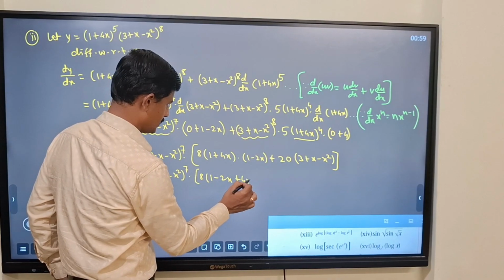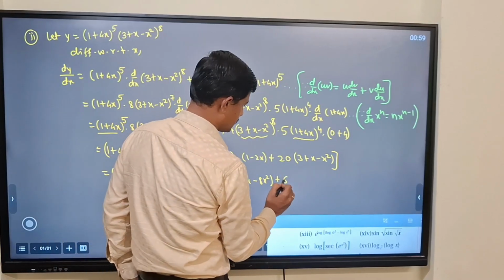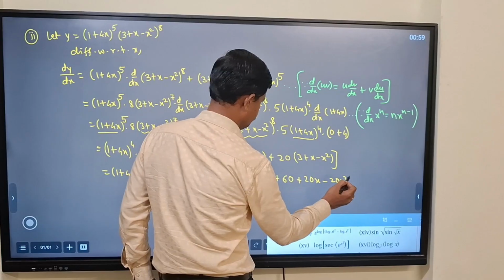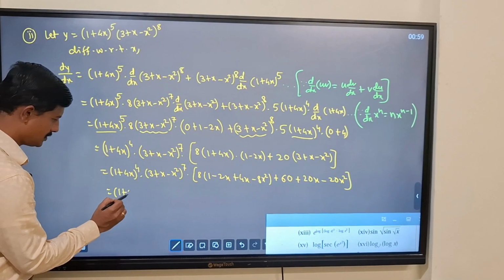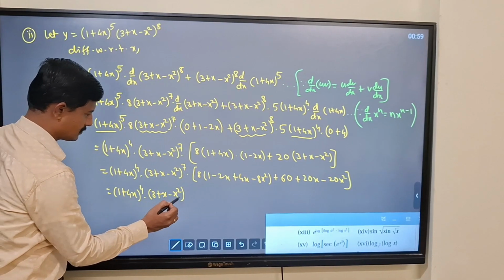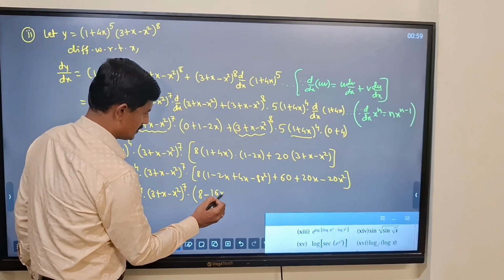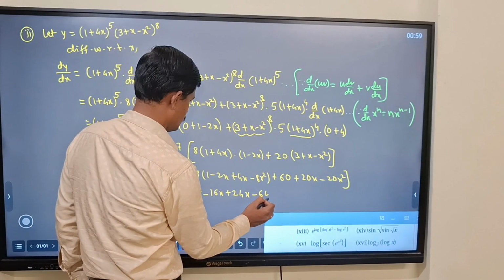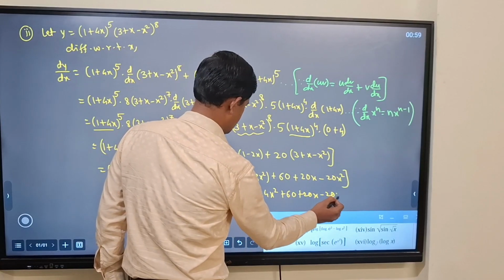1 − 2x + 4x − 8x², plus this becomes 60 + 20x − 20x². Next, (1 + 4x)⁴ into (3 + x − x²)⁷ in bracket 8 − 16x + 24x − 64x² + 60 + 20x − 20x².